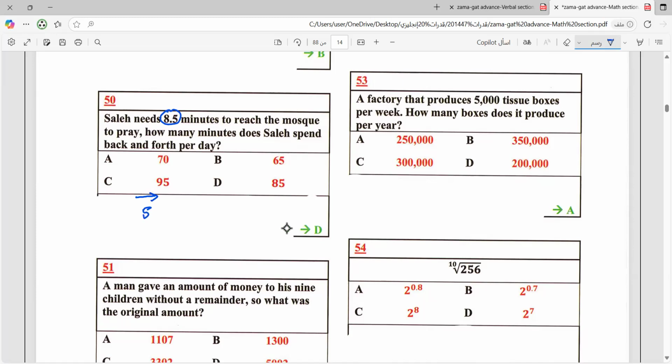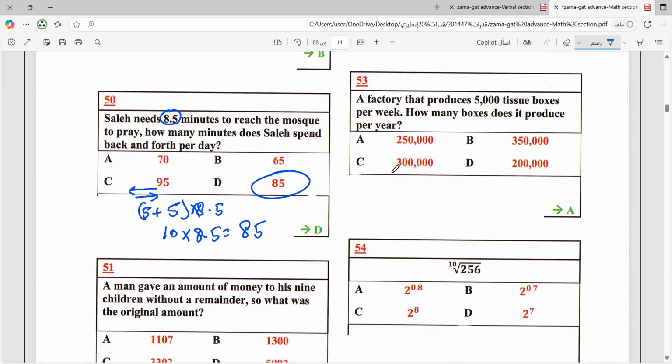So we have 5 times going and 5 back, so 10 times 8.5 equals 85. So the answer is 85 minutes.